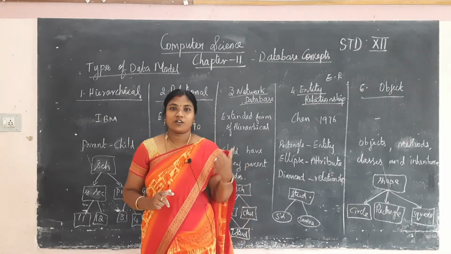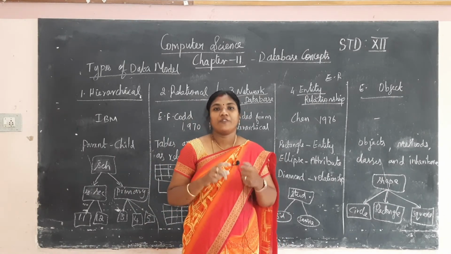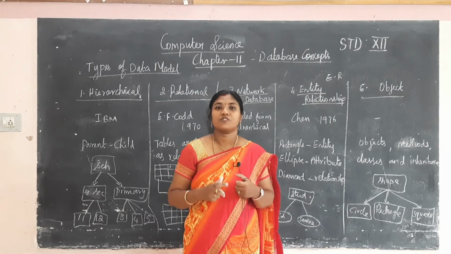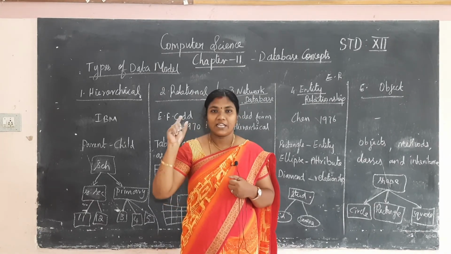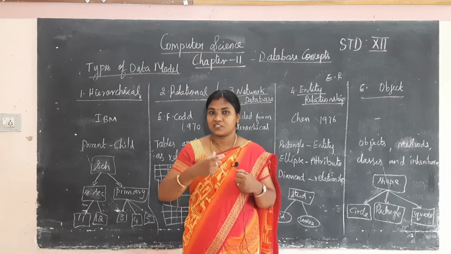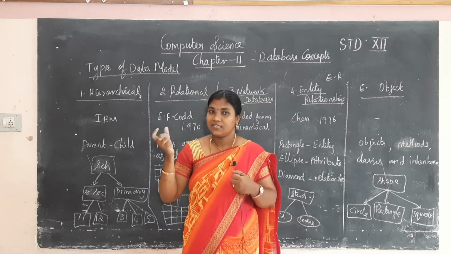I think you are clear with this. Okay students, in this video we have started chapter 11, database concepts. You know what data is, what information is, and that DBMS is software, the full form being database management system.